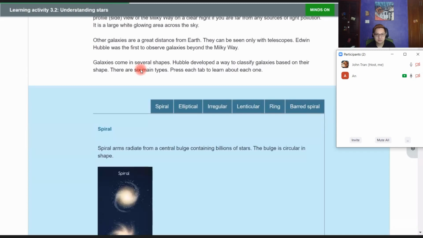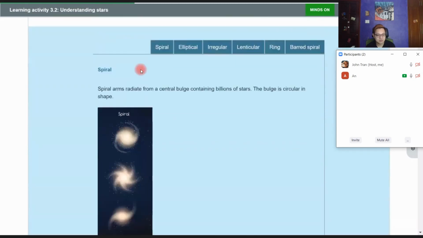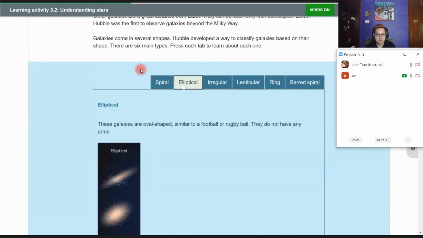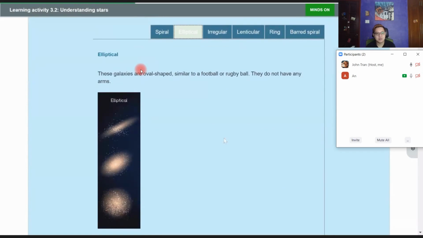The bulge is circular in shape. Elliptical. Is that how it's called? Oval shape. They have the shape of an oval, similar to a football or rugby ball, but they do not have any arms. So basically, you cannot see any arm. It's just like a plate. It looks like a plate.